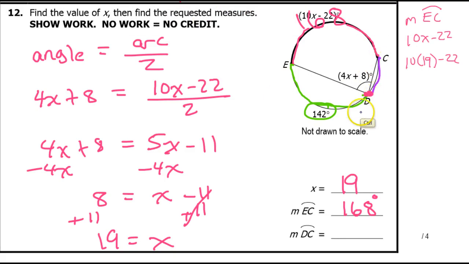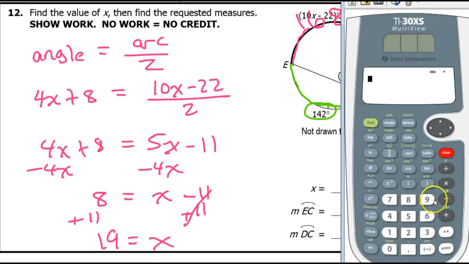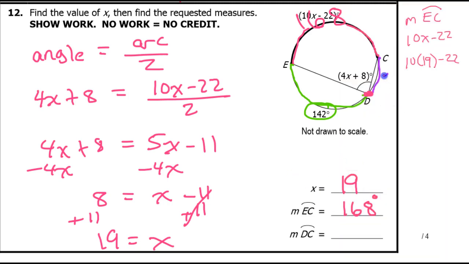Since I have the rest of the entire circle, except for the purple, I should be able to subtract from 360. So if I do 360 minus the 168 and minus the 142, boom, 50. That means this must be 50. Now they all add up to 360 as they should.